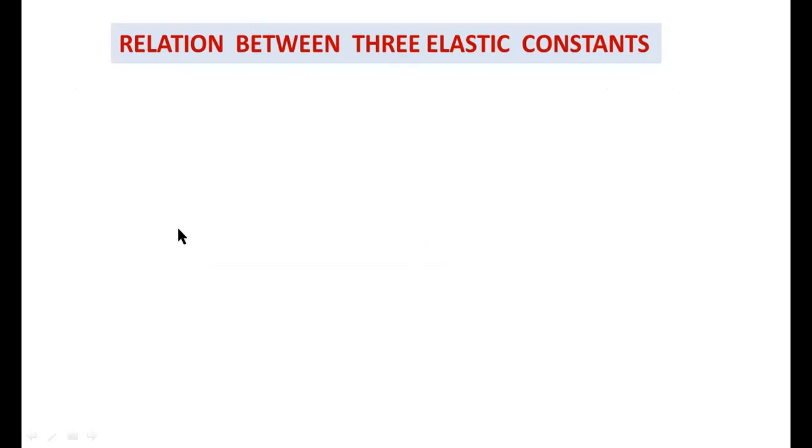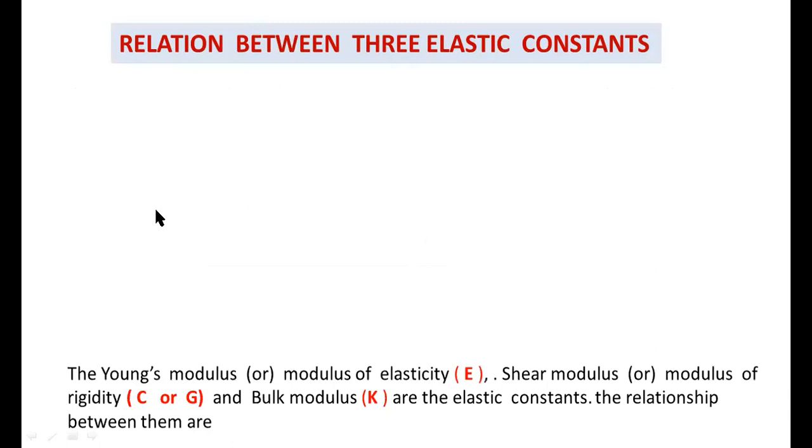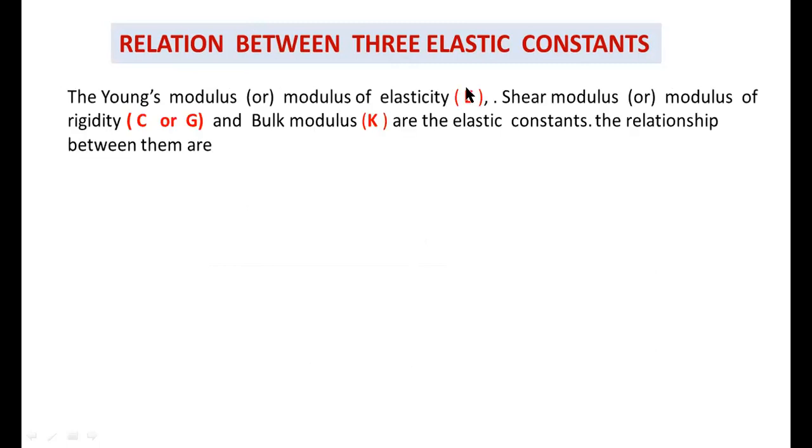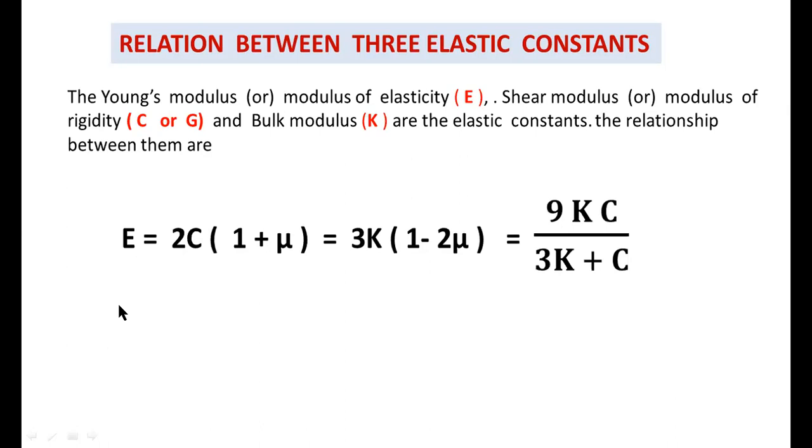What are the relations between the three elastic constants, that is, the relation between Young's modulus E, shear modulus C or G, and bulk modulus K? What is the main relation between these three? The standard formula is capital E equals 2C into (1 plus mu), equals 3K into (1 minus 2 mu), equals 9KC by (3K plus C).